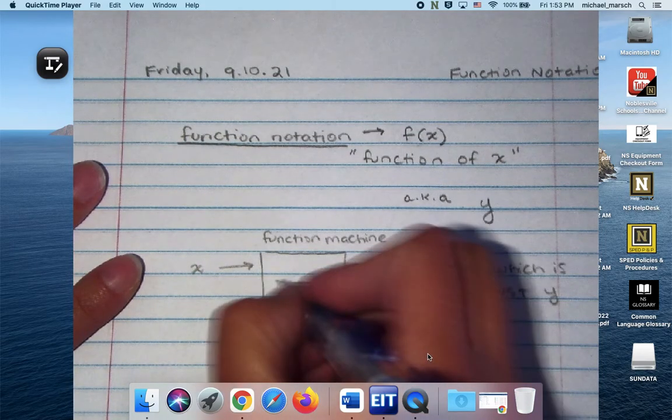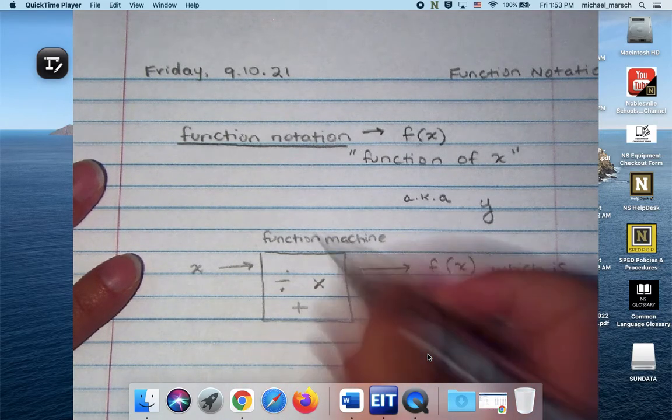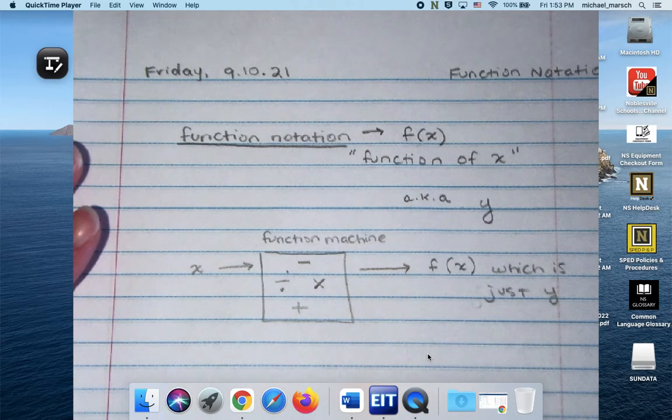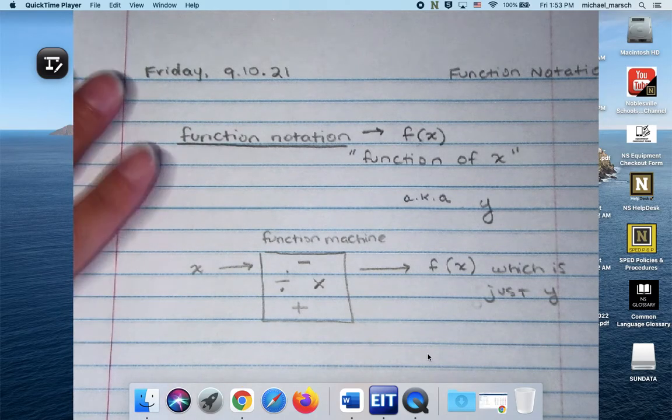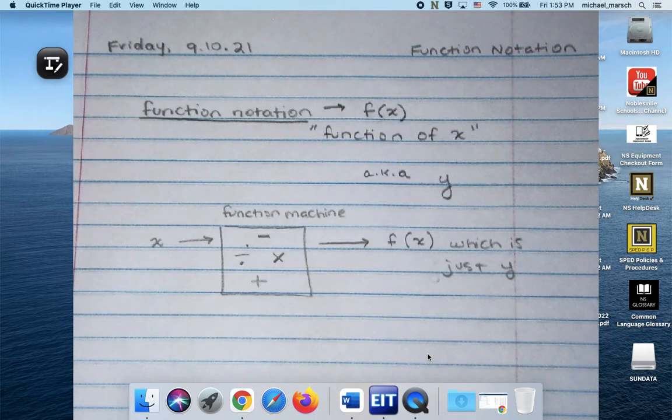So we can put a division sign, we can put a multiplication sign, an adding sign, a subtraction sign. Something's going on inside that function machine, and out comes the function of whatever you did to x, which is our y value. Okay?